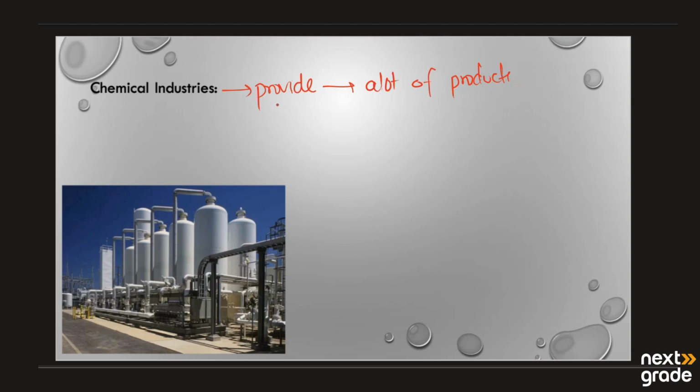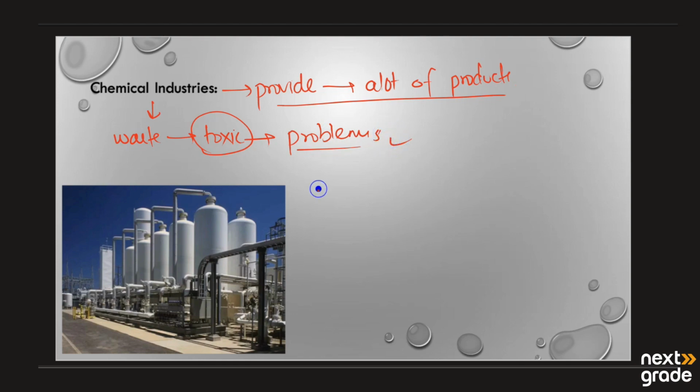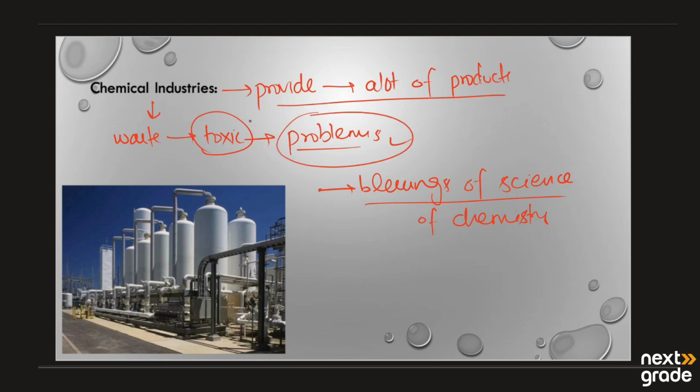Along with the production of these products, they also produce waste, and this waste may be toxic, so it may cause health problems. So the blessings of science, or we can say of chemistry, also come with some problems, as they produce toxic waste.